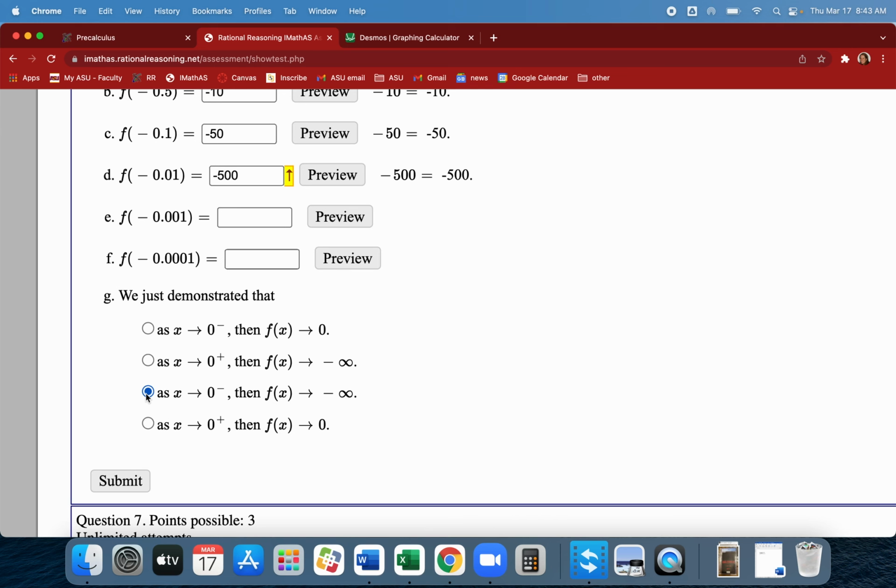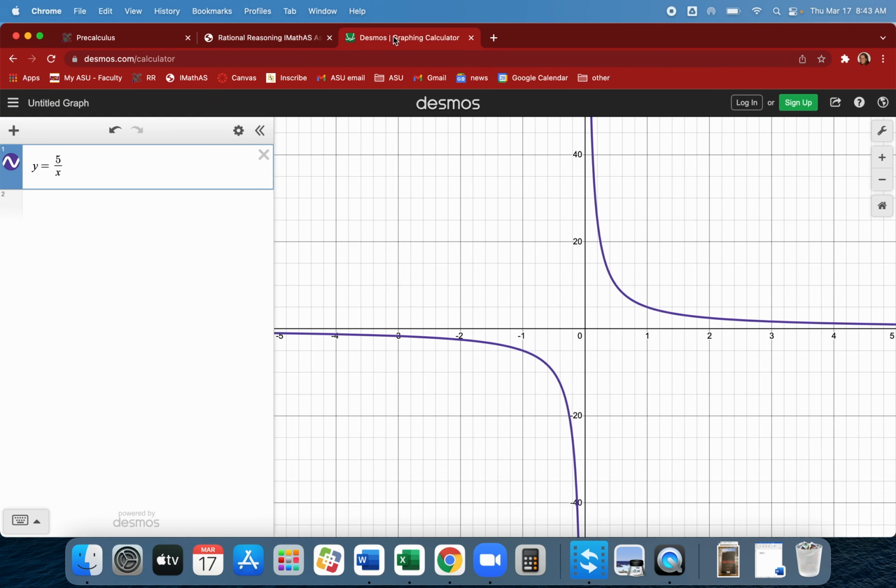If I want to talk about what's happening near the vertical asymptote, as x approaches 0, which is just 0, it doesn't have a positive or negative sign. From the left, we're going down. If I approach 0 plus, approaching 0 from the right side of 0, but near 0, the graph is going up.